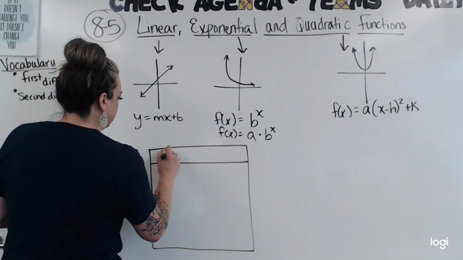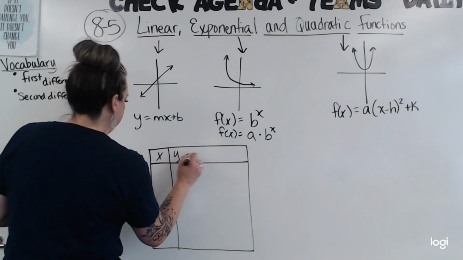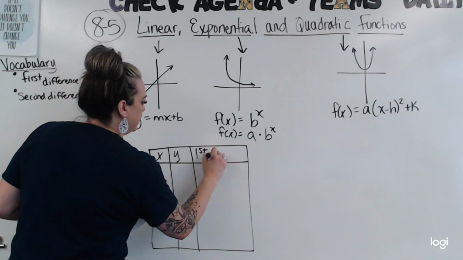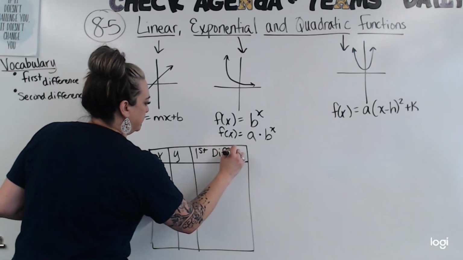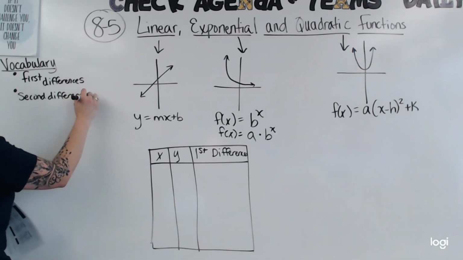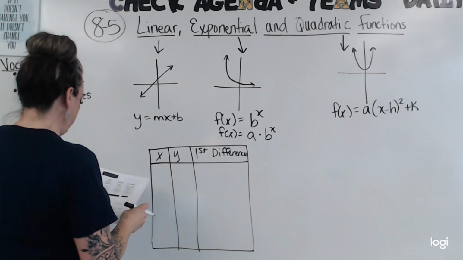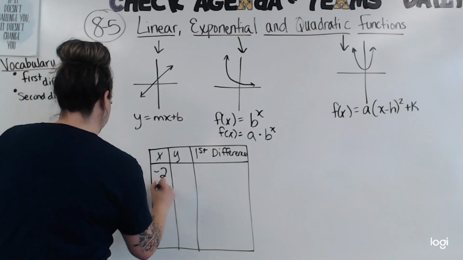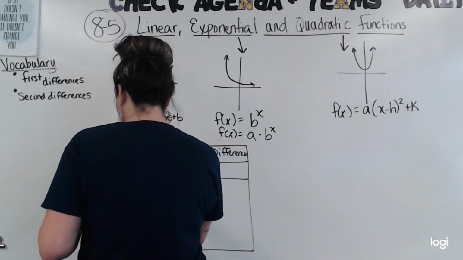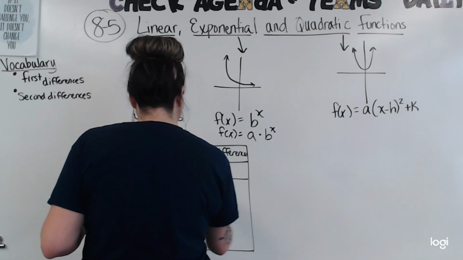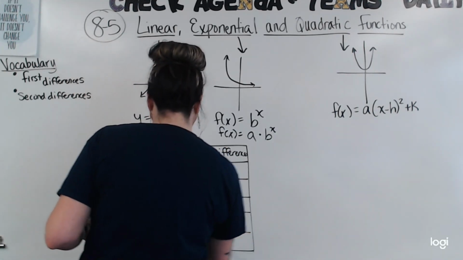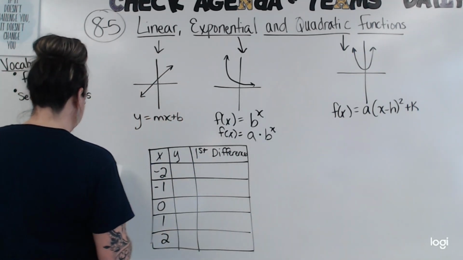So we have an x value, we have a y value, and then we're going to look at the first differences. I guess we should put an s on these two. Okay, so let's say we have these values here.